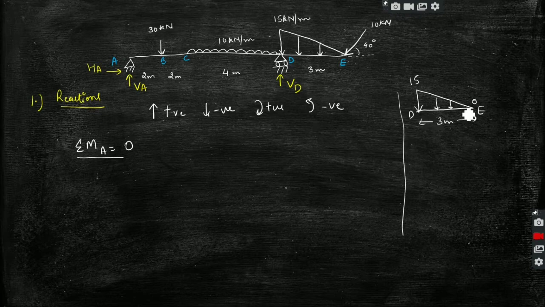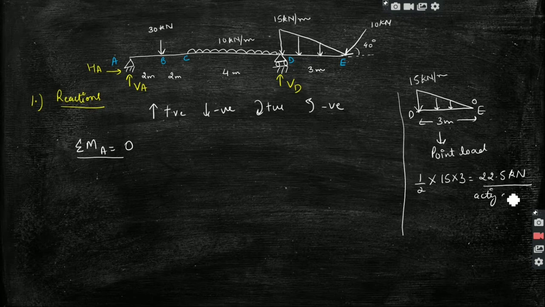Whenever you have a UVL in a beam, for the calculations you convert it to a point load. For converting it to a point load, you just need to calculate the area of this triangle. So it will be half into 15 into 3. Now we have converted our uniformly varying load of 15 kilonewton per meter to a point load of 22.5 kilonewton, which will be acting at the CG of this triangle.